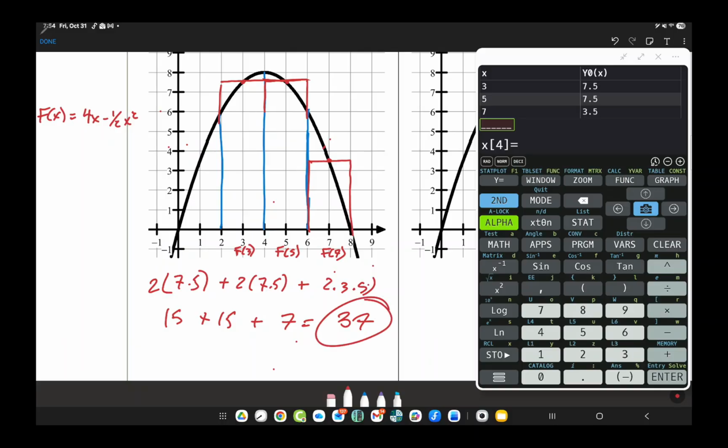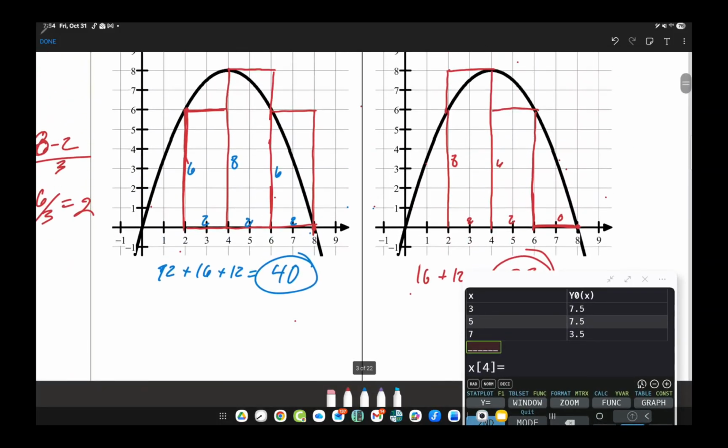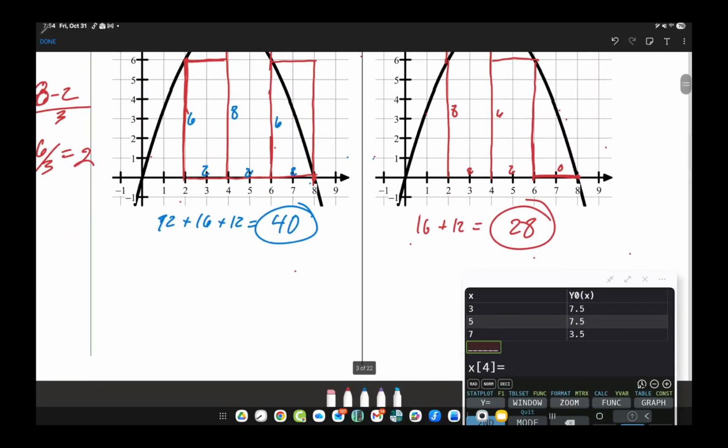Now, is there an easier way to do that? Let's go back here real quick. We got the left side was 40, the right side was 28. We got the midpoint was 37. How can we use the left and right side to get the midpoint?